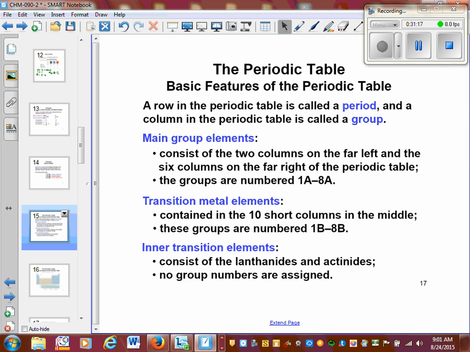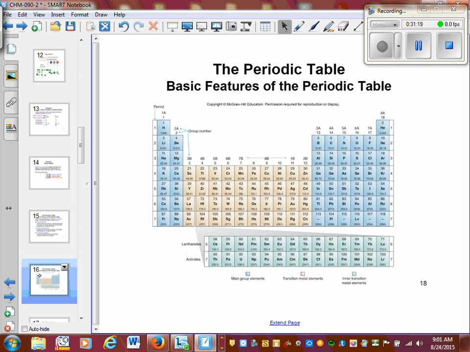So again, the ones in blue are the main group. They follow all the rules that we're going to talk about. Transition, not so much. And then the inner transition, they fit into these little gaps here.